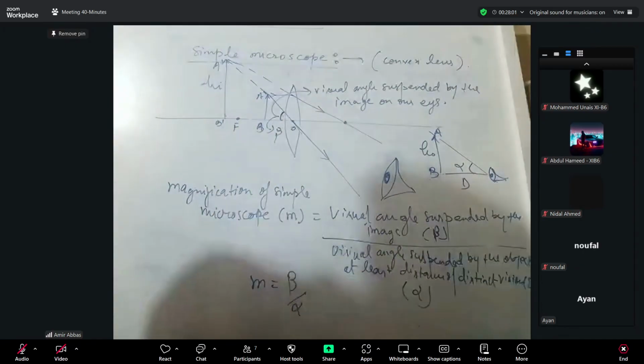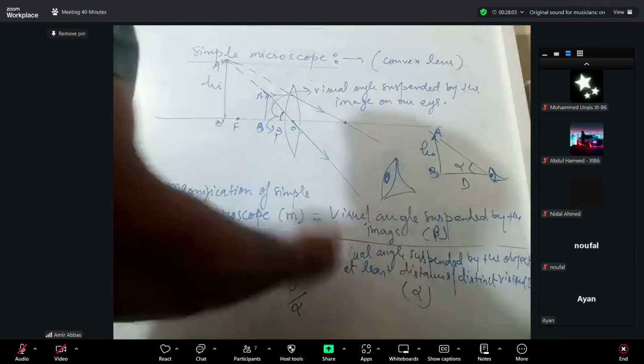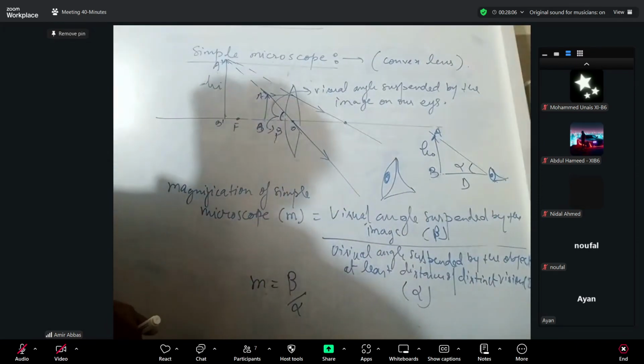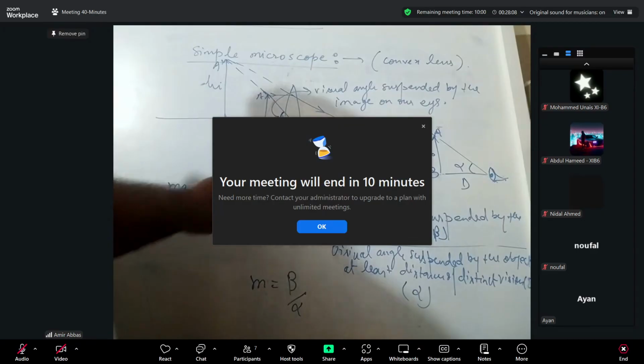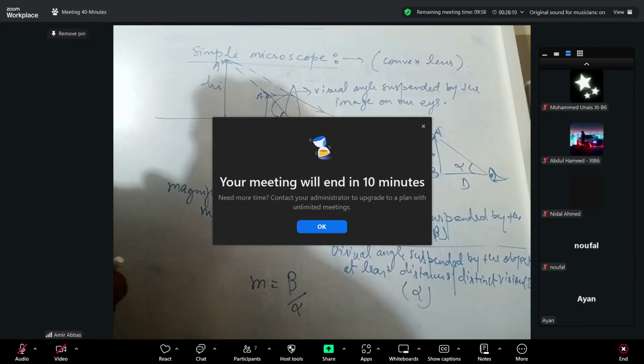Now, what the magnification will come in terms of their height and other things.